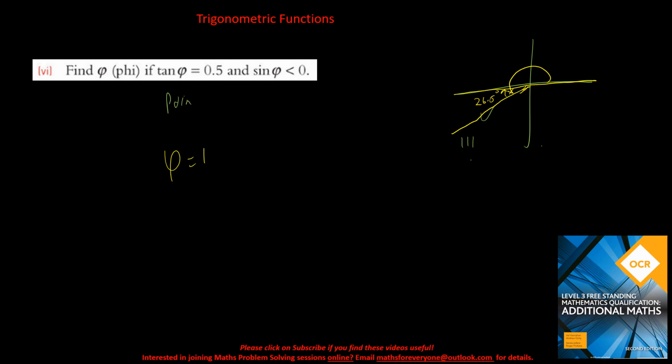So we will have the principal angle equals 26.6 degrees, and then we will have phi equals 180 plus 26.6 degrees, and that gives me 206.6 degrees, and that's the answer. Okay, so that is the answer for this question.